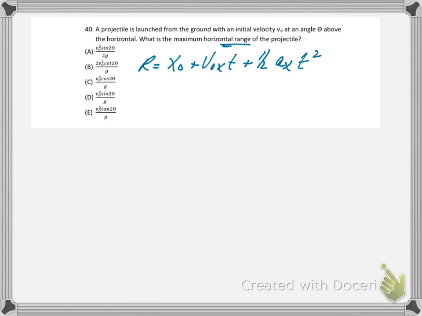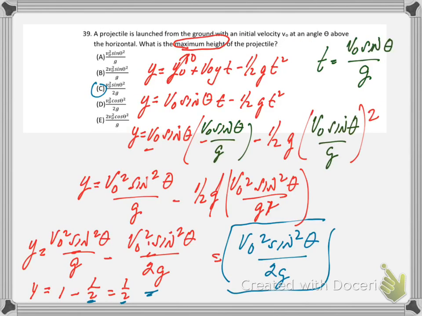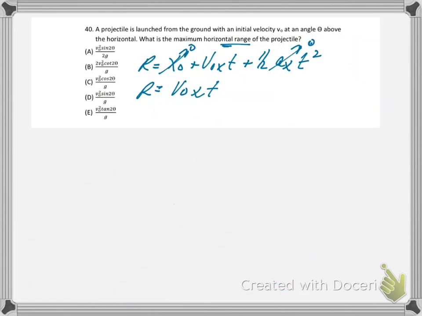Well, we know the range, if we're starting from a position of 0 and there is no acceleration in the x direction, is just going to equal v naught x t. All right? Our velocity in the x direction equals v naught cosine theta, times t.